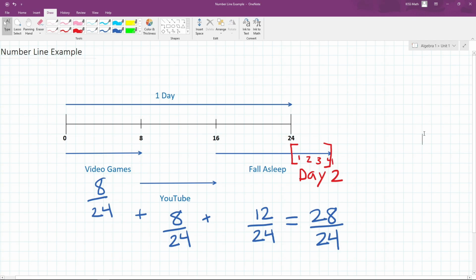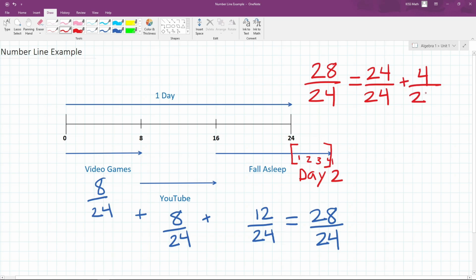Now, if we want to write this in terms of mixed numbers, we would say that this 28 of 24 hours, so let me write that again up here. 28 over 24, this is the same as a full 24 hours from the first day plus 4 hours of the second day.